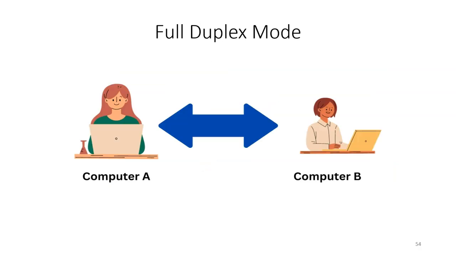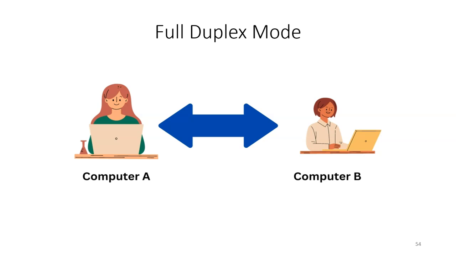What is full duplex mode? Computer A, that is the sender, can send data to computer B, which is the receiver, and computer B can also send data to computer A, which is now the receiver. Here A can send data and B can receive data, and B can also send data and A can receive data at the same time. This type of communication is known as full duplex mode.